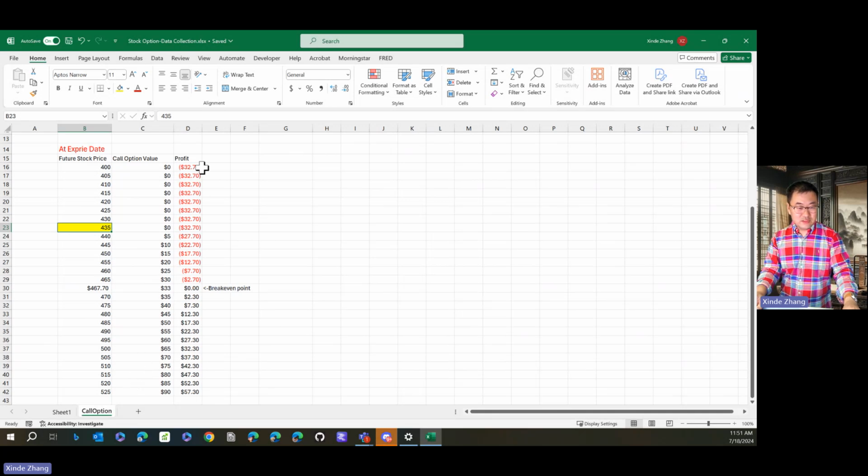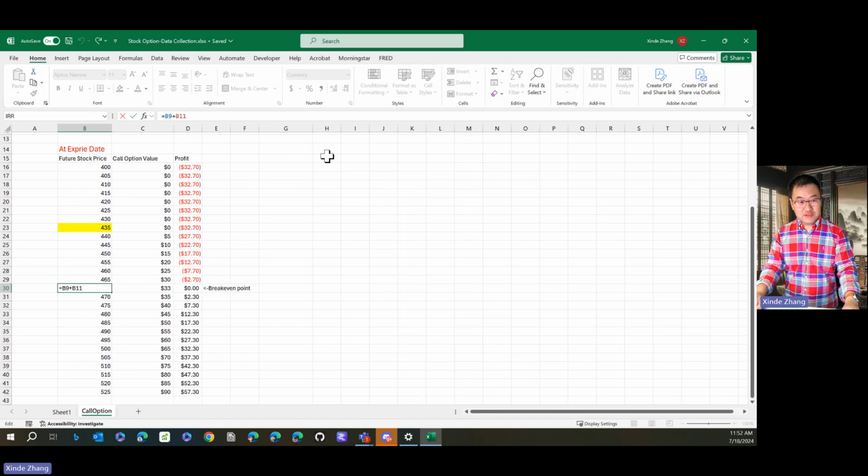Then we deduct the option price, or the option premium, from this option value. Then we figure out the profit or loss for this call option. And the break-even point is exactly the strike price plus the option price, right?